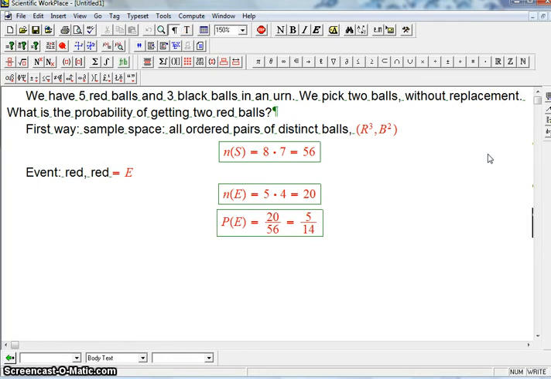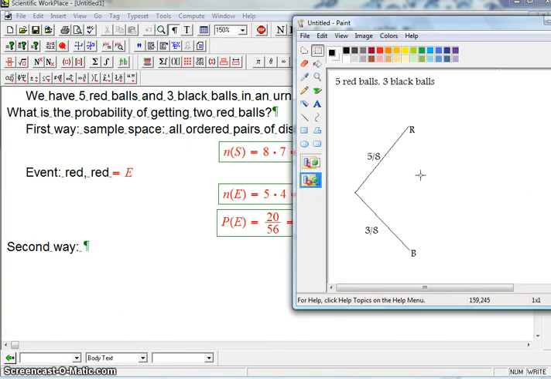Now here's another way, which is slightly more sophisticated, but really in a way more intuitive. We draw a diagram that goes by the stages here. Let's just care about the probability of the first choice. Since there are 5 red balls out of 8 total, the probability of getting a red is going to be 5 out of 8 on the first one.